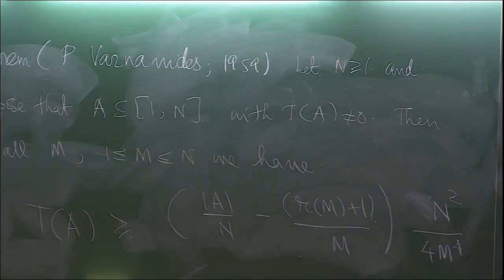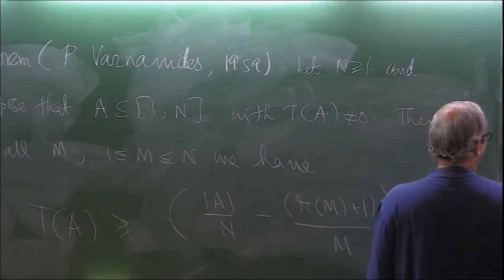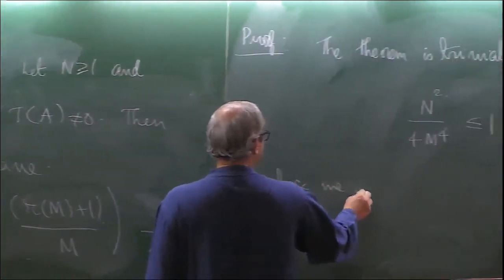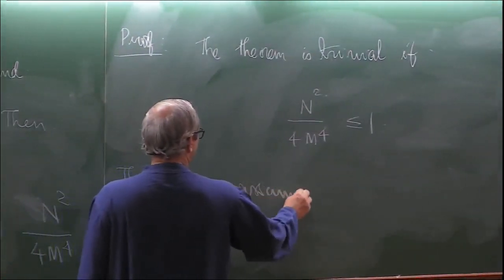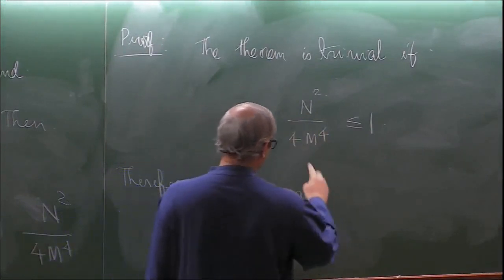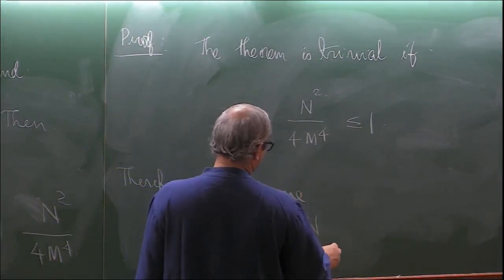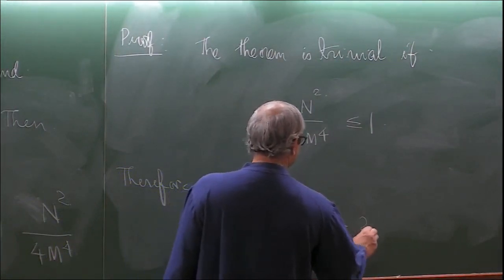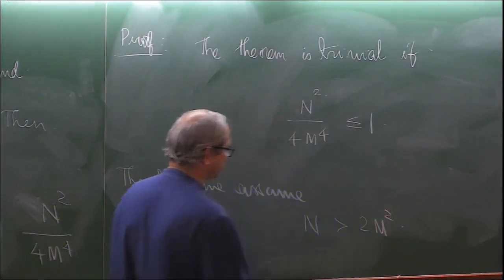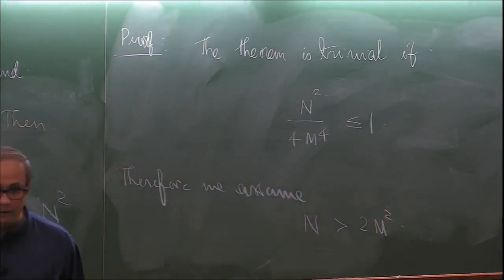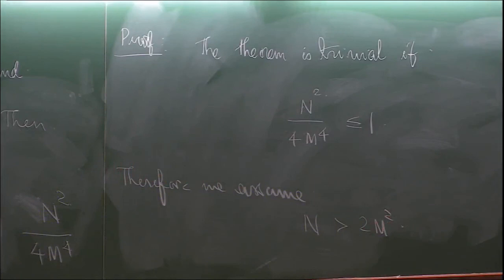Okay, so that's that. Therefore we assume that the opposite inequality is true, and that would mean that n is strictly bigger than 2 times m squared. Either it's negative or it's less than 1.